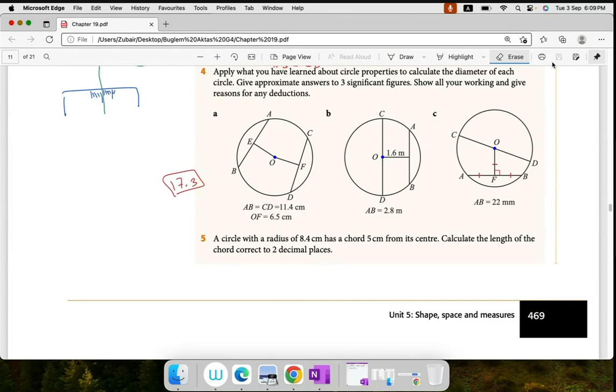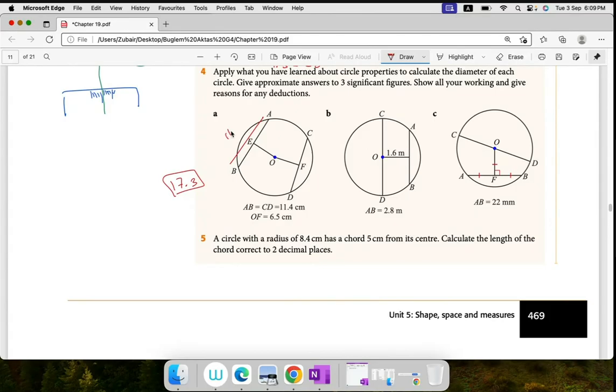But then I know the diameter goes through the center, so we have to find OA or OC or OD or OB. That is the radius. And then you just multiply it with 2. Okay. So OC or OF. Right? Yep.